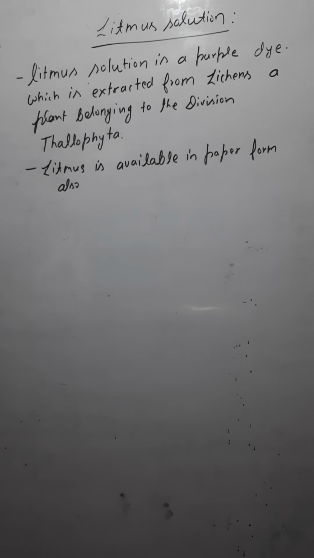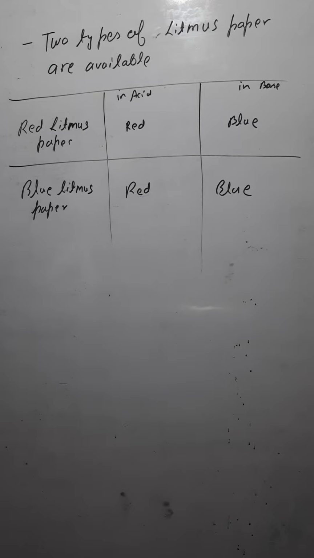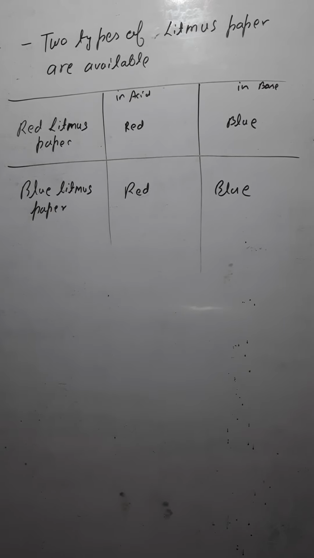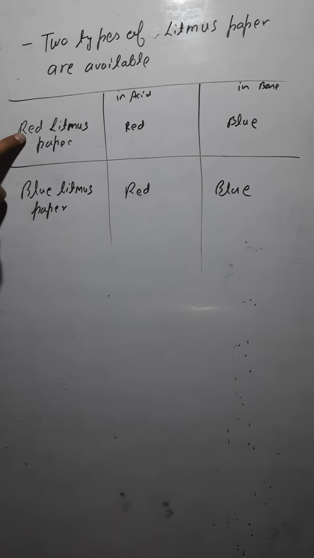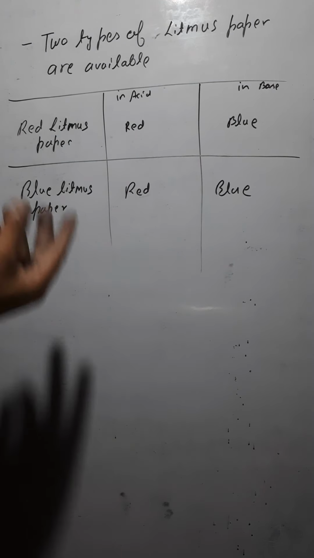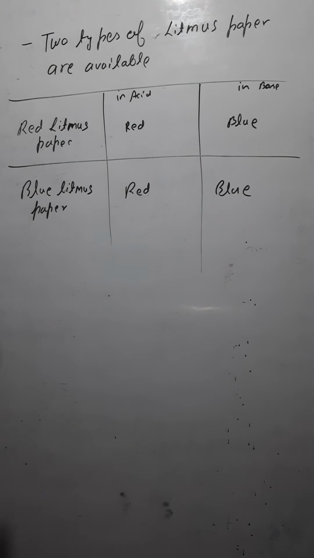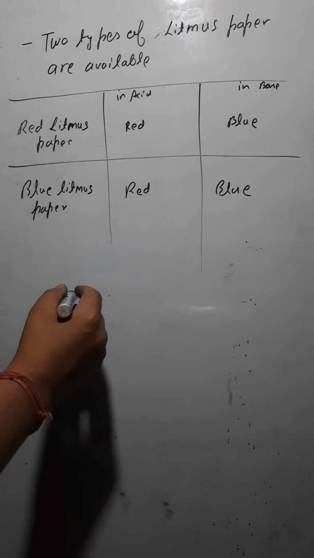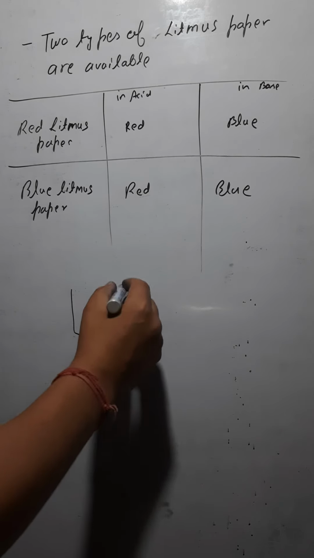Okay, so two types of litmus paper are available. One is red litmus paper, another we have the blue litmus paper. Now let's say we have a solution here, which is acid.